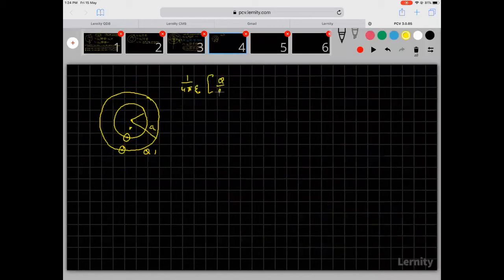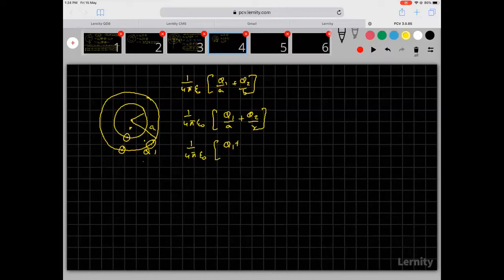So it is q1 by a plus q2 by b. Inside this, for this it will be a constant, so it is 1 by 4 pi epsilon naught, q1 by a plus q2 by r. If you come outside it, now it becomes a variable for both: 1 by 4 pi epsilon naught, q1 plus q2 by r. As simple as this.